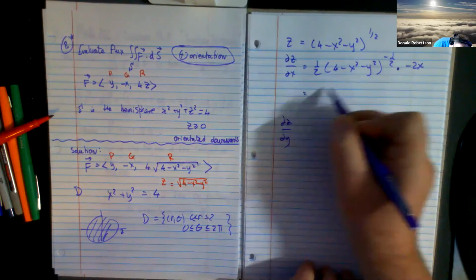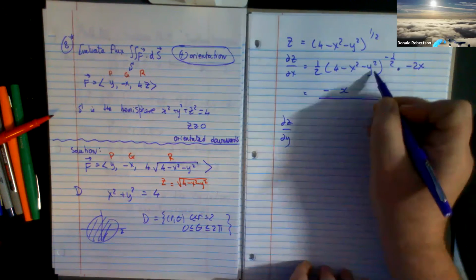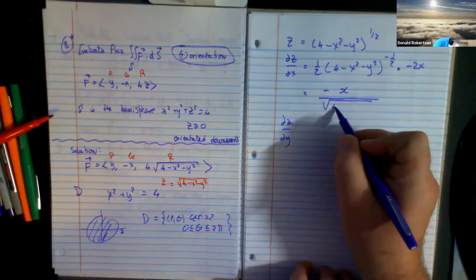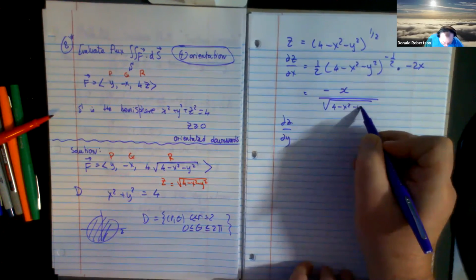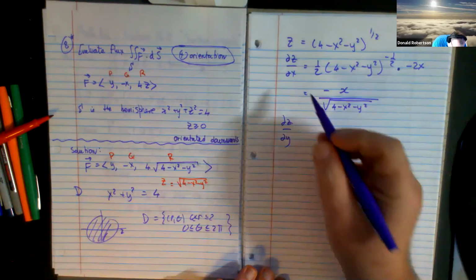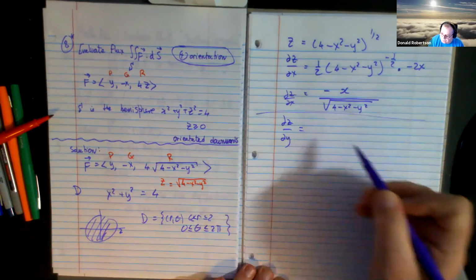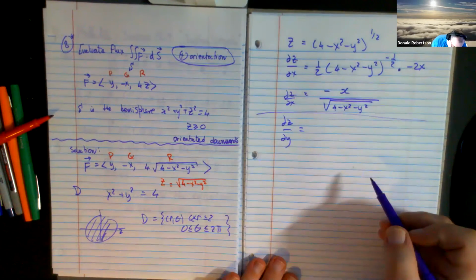This and this partially cancel, so you get a negative. And this guy comes downstairs as a 4 take away X squared, take away Y squared. Are you comfortable about that one? If I make a mistake, you can tell me. Does that look good? And can I just use symmetry for the other one?